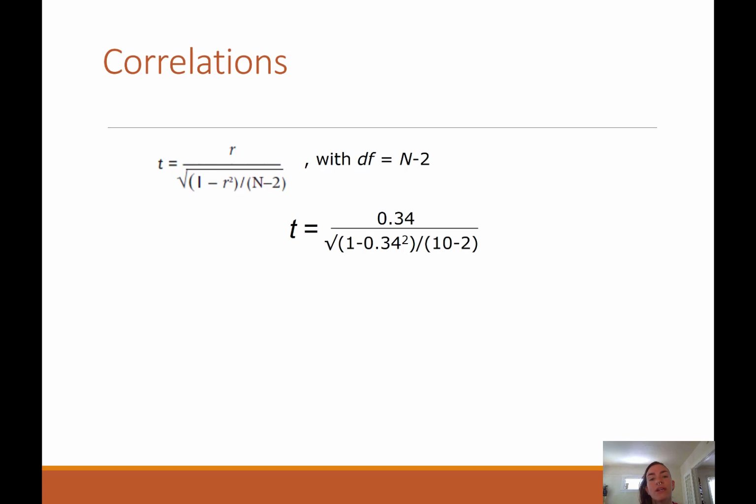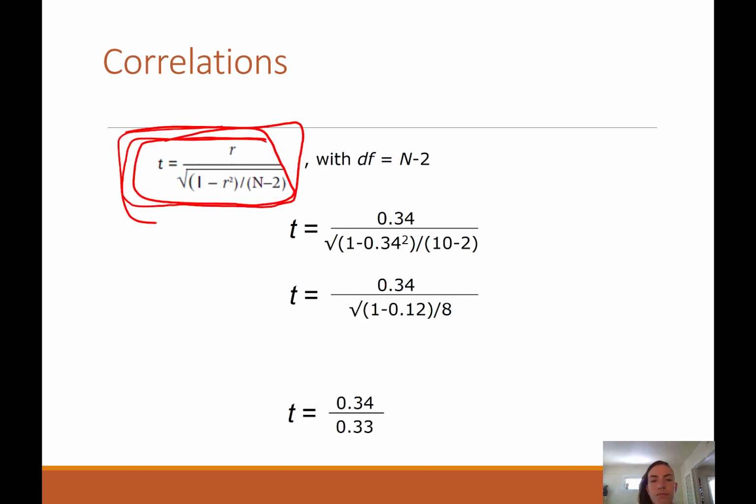So if I actually want to do that statistical test, I need to calculate a test statistic. And the test statistic I'll use is t. I'm using a different formula for t than the one you've seen previously, and that formula is here. So notice that we just need to plug in our Pearson's r value that we've just calculated, and we need to know our sample size. So remember, our sample size was 10, and I'll round our Pearson's r to 0.34.